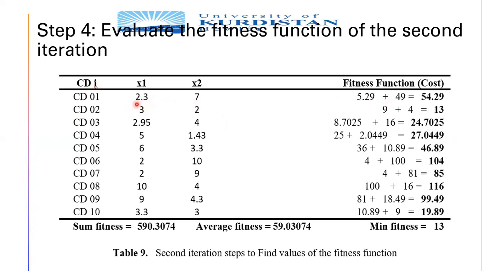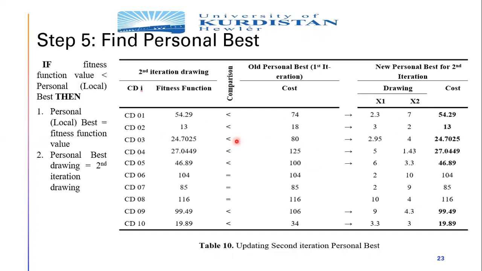Now, it's worthy to note that if the improvement is not better, we just leave it as it is. For example, for any drawing, this is the old iteration and this is the new iteration. If this is not less than this, then we keep 18.